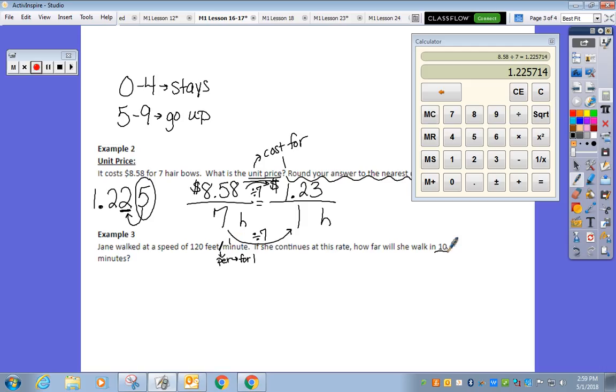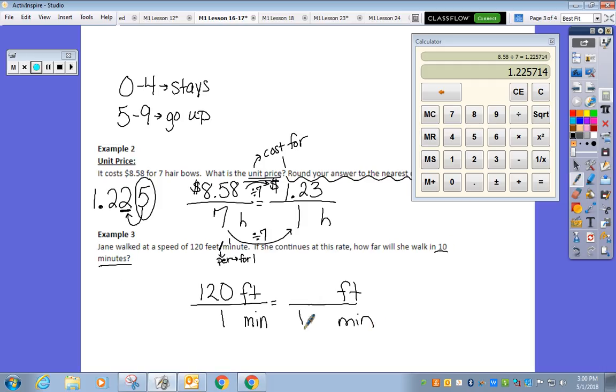So I'm going to use equal fractions here. I've got 120 feet for 1 minute. So I'll put that over 1 minute. Again, I'm going to put my units across from each other that are exactly the same. The extra information it's giving me is 10 minutes.